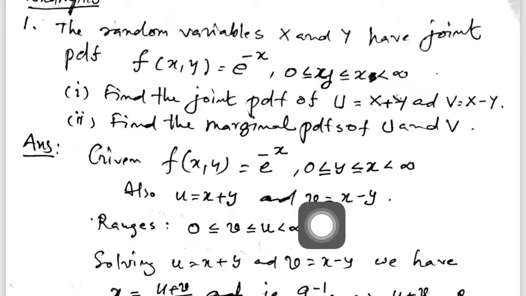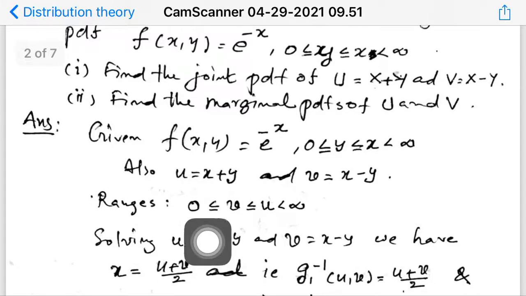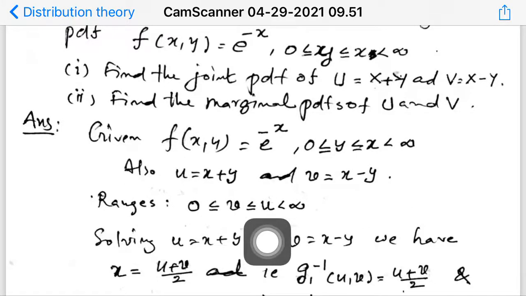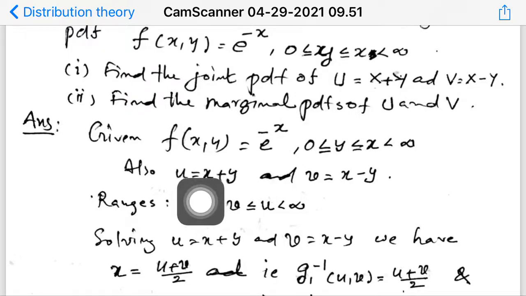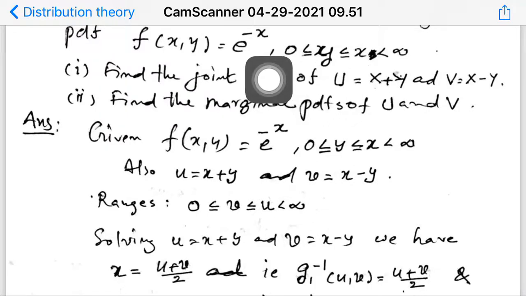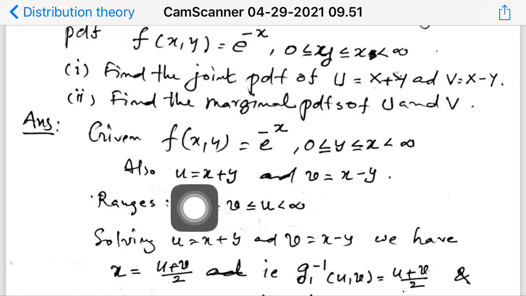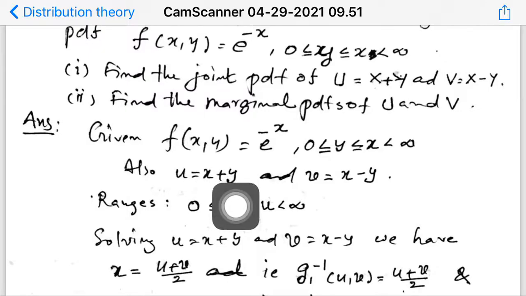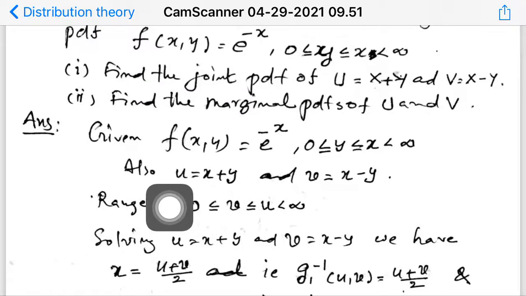Now you can see the range of u and v first. U is equal to x plus y and v is equal to x minus y. Since x and y vary from 0 to infinity, definitely u, which is equal to x plus y, will also vary from 0 to infinity.